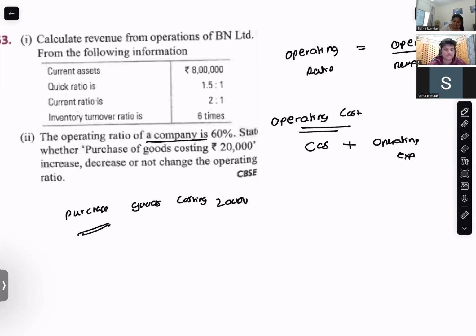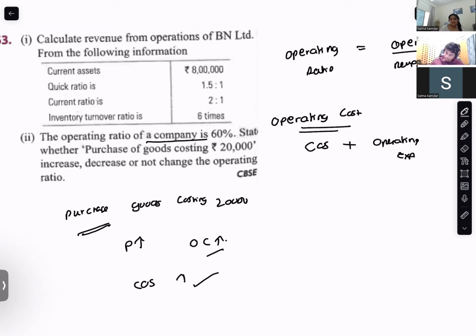With this, my purchases will increase, which means my operating cost will increase as well as my cost of sales will also increase. So the cost will increase and the cost of sales will also increase. Are you with me? Yes, ma'am.